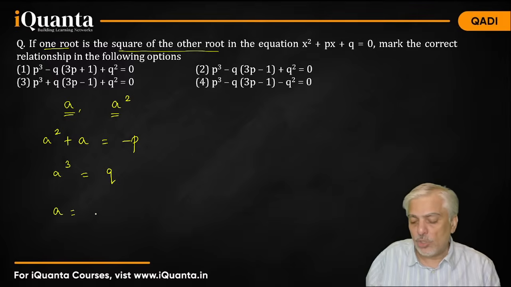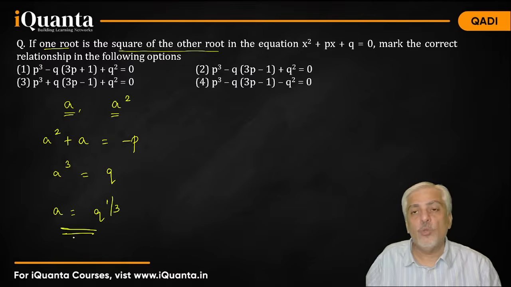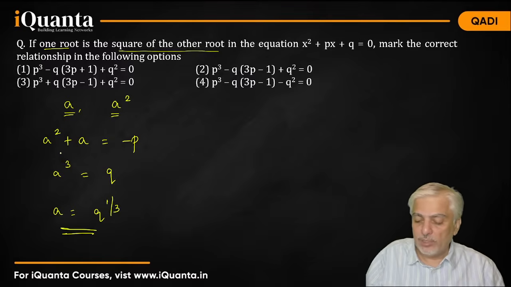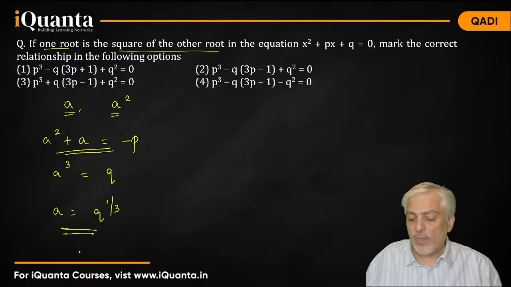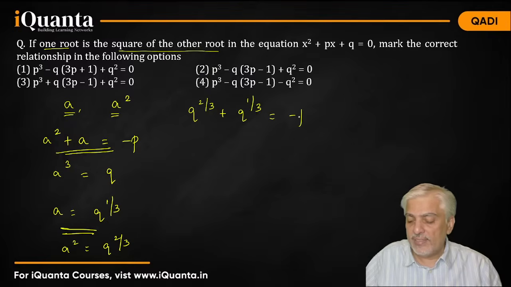So a is q raised to 1 upon 3. Put it in this equation, the value of a. So I'll get a square will be q raised to 2 upon 3. So q raised to 2 upon 3 plus q raised to 1 upon 3 is negative p.